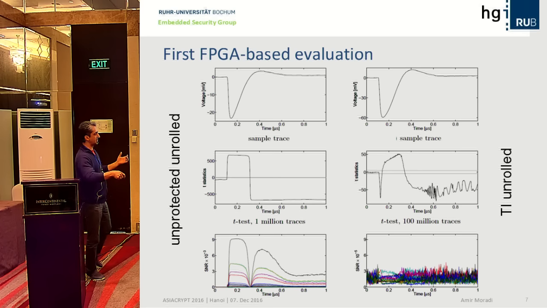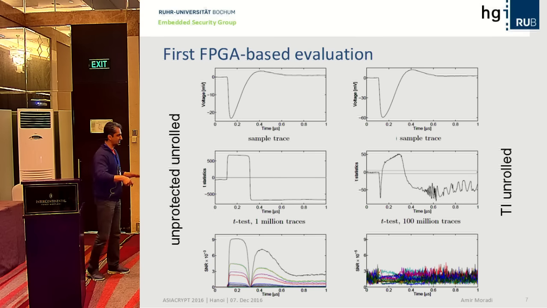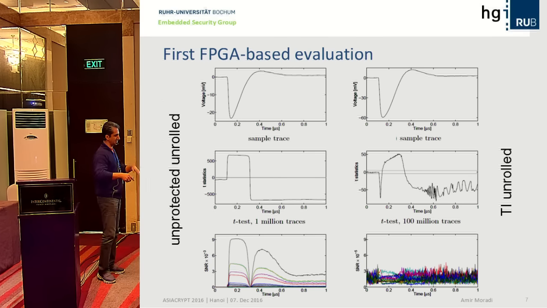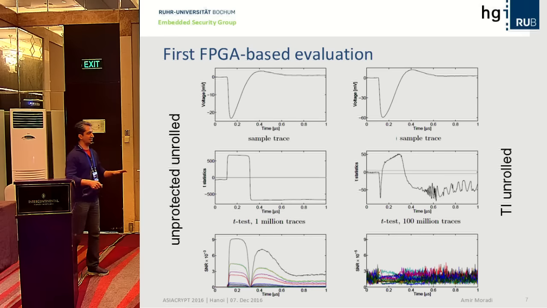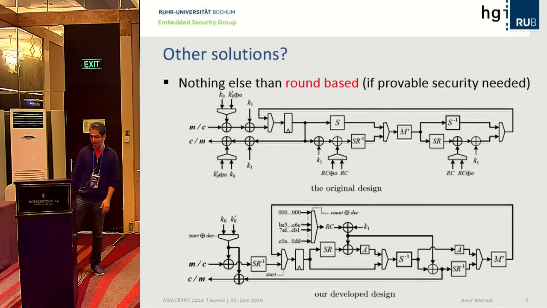In this case, the SNR decreases here. If you see, it's pretty small, but 10 to the minus 3, and here 10 to the minus 5. The SNR is pretty small, which means that the leakage is reduced, but you cannot say that this implementation is provably secure. Of course, this is incorrect TI, but it reduces the leakage.